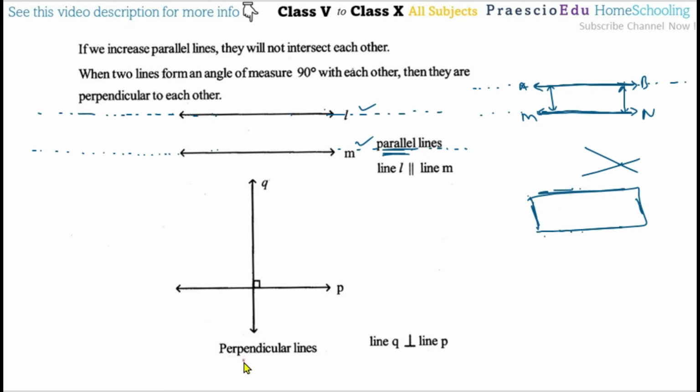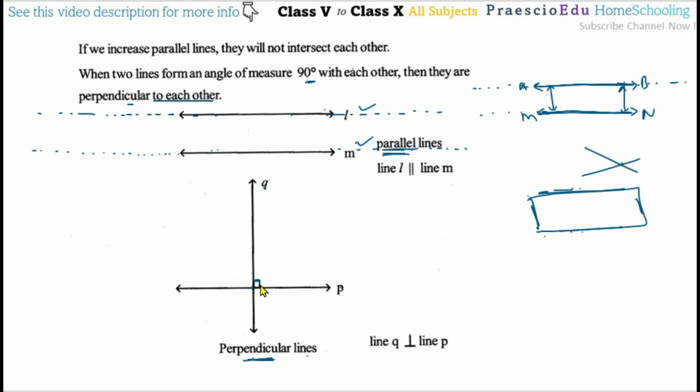Now the perpendicular means the lines which are intersecting at a point with 90 degrees, the right angle only, not lesser than 90 degrees or more than 90 degrees. Then we call these lines perpendicular to each other, that is, line q is perpendicular to p, or line p is perpendicular to q.